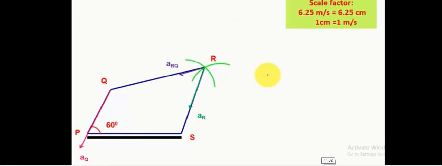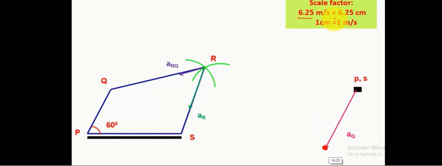Now taking the scaling factor again, not the other one, here meter per second square will be used for drawing the acceleration diagram, because the first line will be representing AQ, that will be PQ.